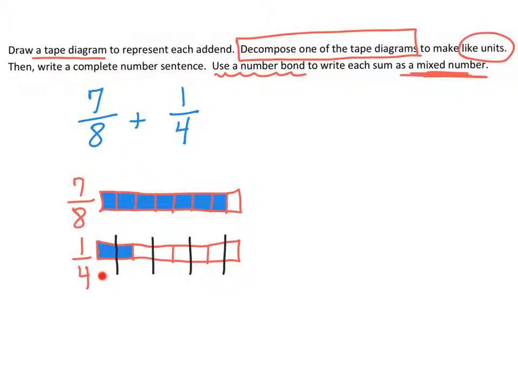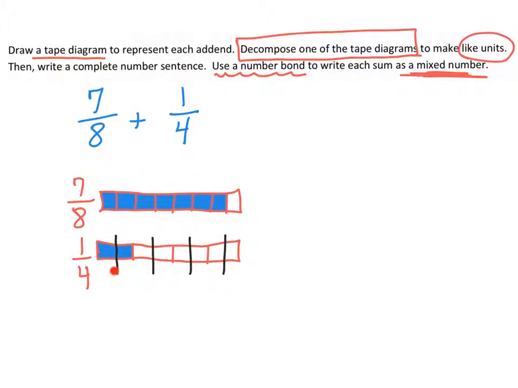So now we just found the common denominator that 8 and 4 have, and we broke the 1/4 and made it into eighths because this is the larger unit and we want to make it into smaller units, which is eighths. So now we have 1, 2, 3, 4, 5, 6, 7, 8.